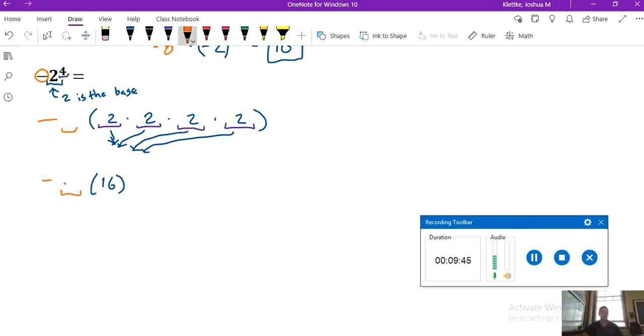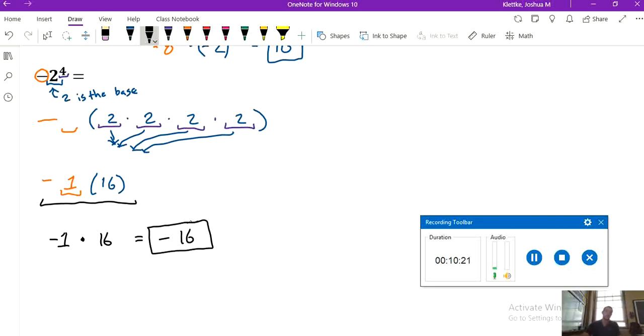Here is where we have to fill in the placeholder. The reason I put this placeholder here is to remind you that if there is no number in front of parentheses, there is an invisible 1. So this is actually an invisible negative 1. So we have negative 1 times whatever's in parentheses, which is 16, and that is going to equal negative 16. So our final answer is negative 16.